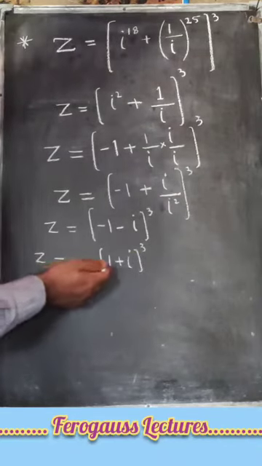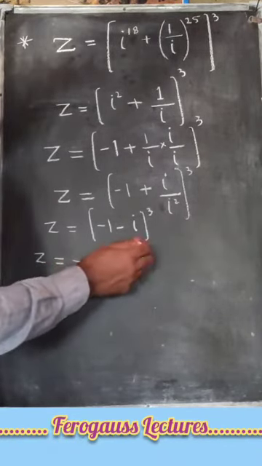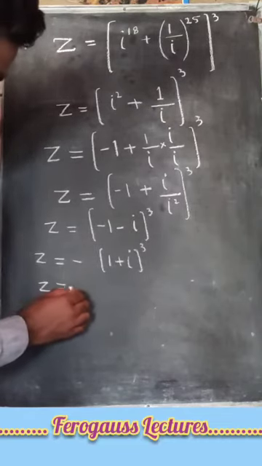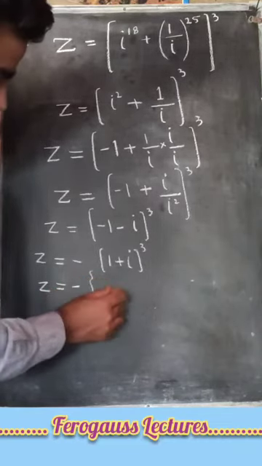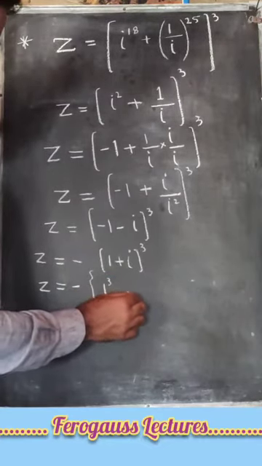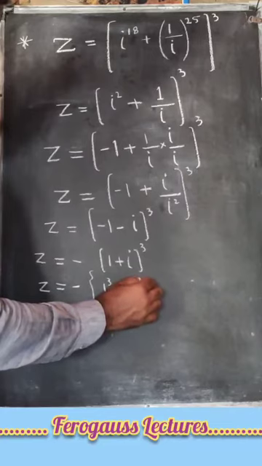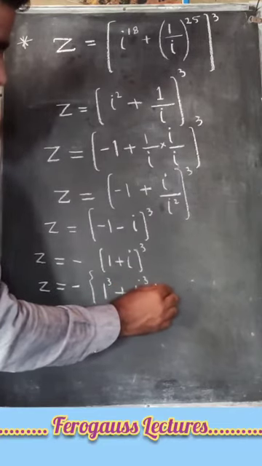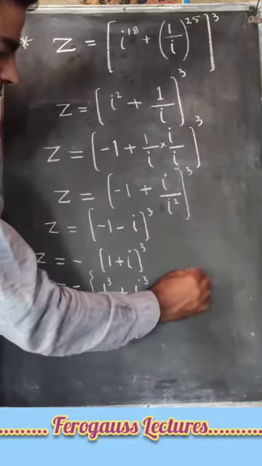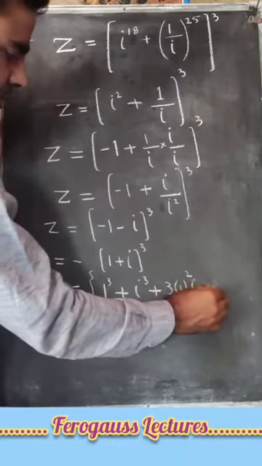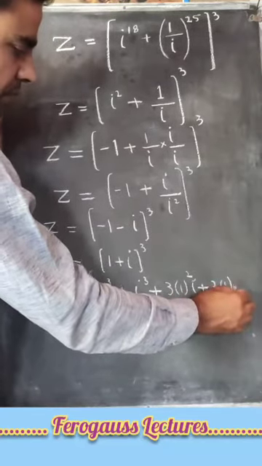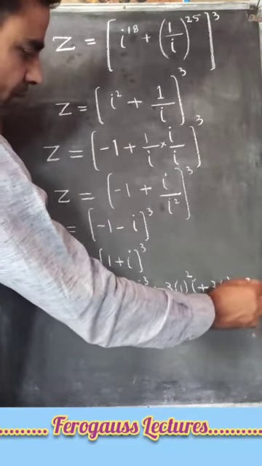Now it is in the form (a plus b) whole cube, so we can write it as a cube, that's 1 cube, plus b cube, that's iota cube, plus 3a square b, that is 3 into 1 square into iota, plus 3ab square, 3 into 1 into iota square.